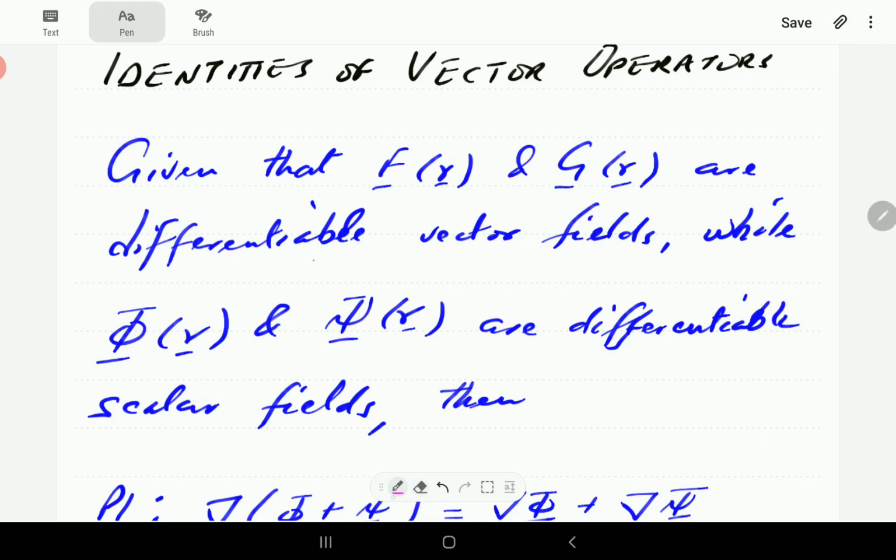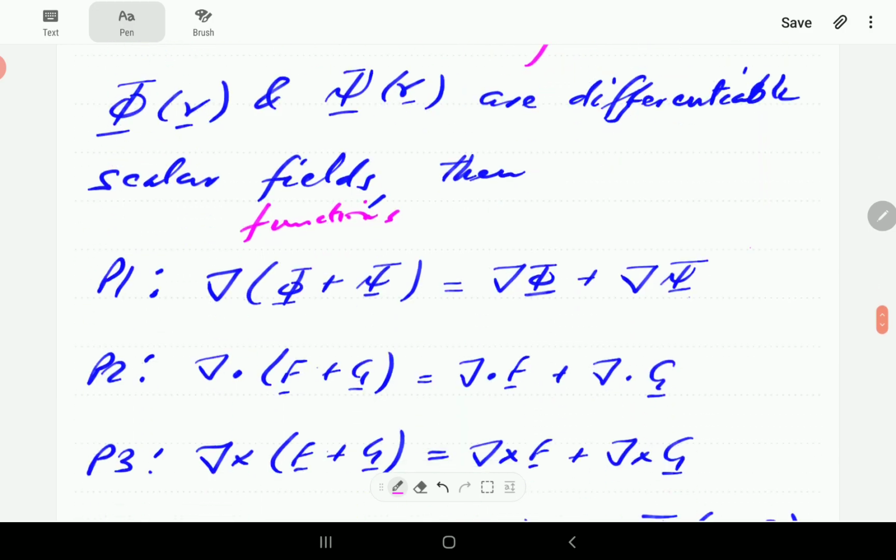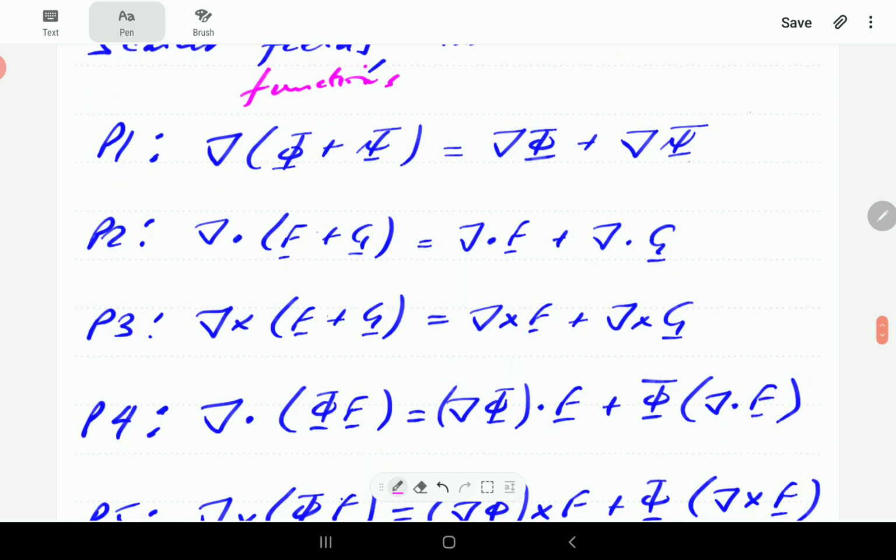So if f and g are differentiable vector fields, where vector field is the same as vector function, while phi and psi are differentiable scalar fields, again here we can use scalar functions, then we've got these properties.